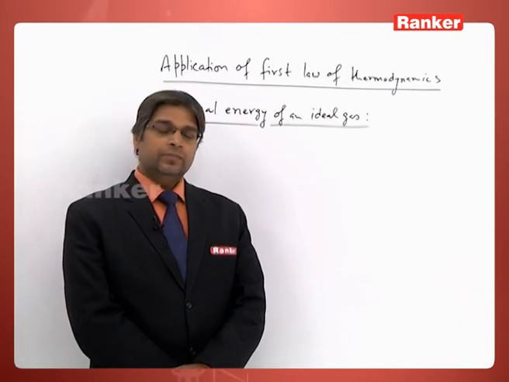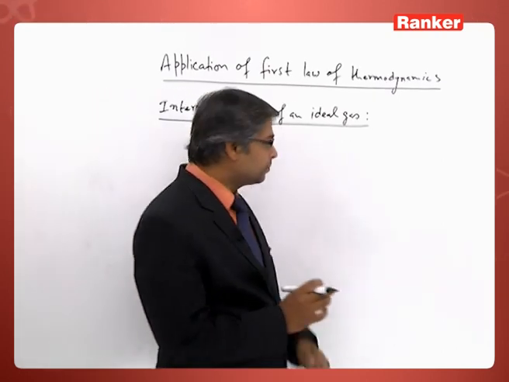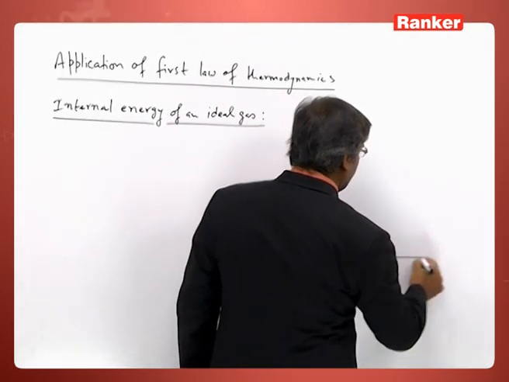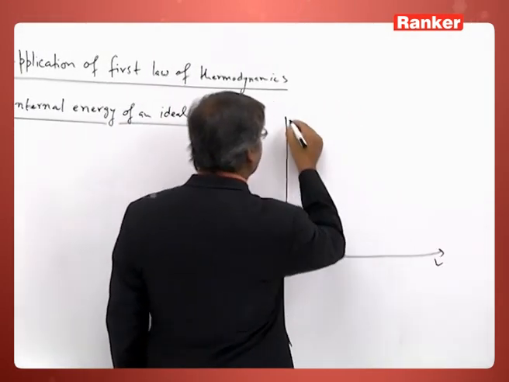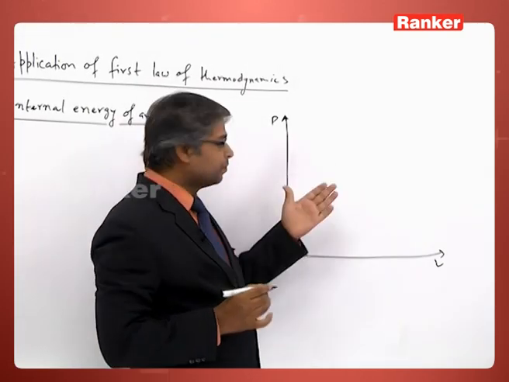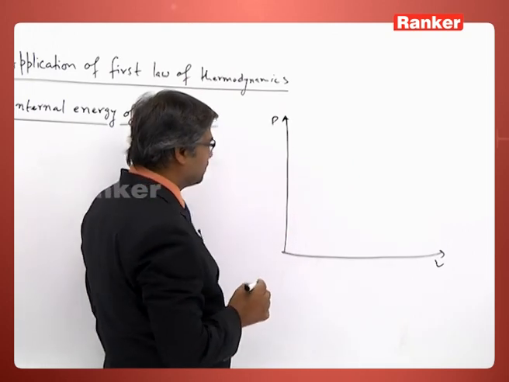Now let us see the internal energy of an ideal gas. This is the PV diagram. For an ideal gas, we use the PV diagram to discuss the equation of state and all properties.